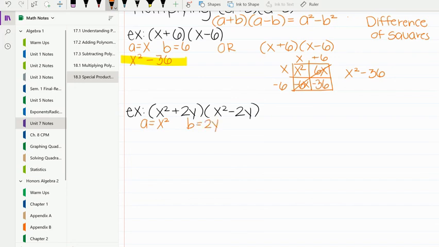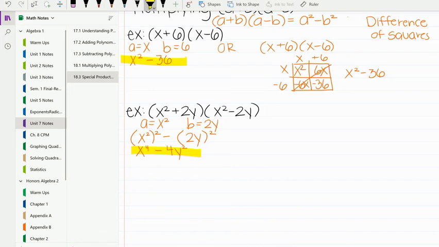According to the formula, the answer is a squared minus b squared. So a squared is (x squared) squared, and minus b squared, which would be minus (2y) squared. For (x squared) squared, you multiply those exponents, so it's x to the fourth. Minus (2y) squared, you square both of those, so it becomes 4y squared, and that would be your answer.